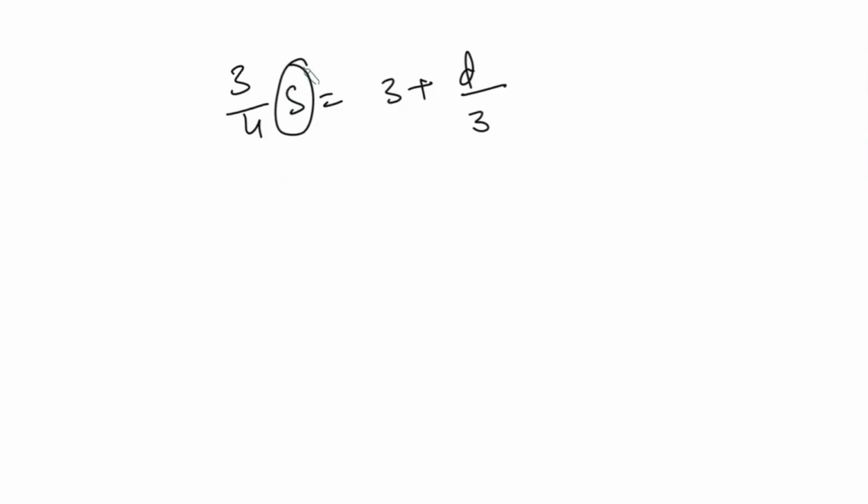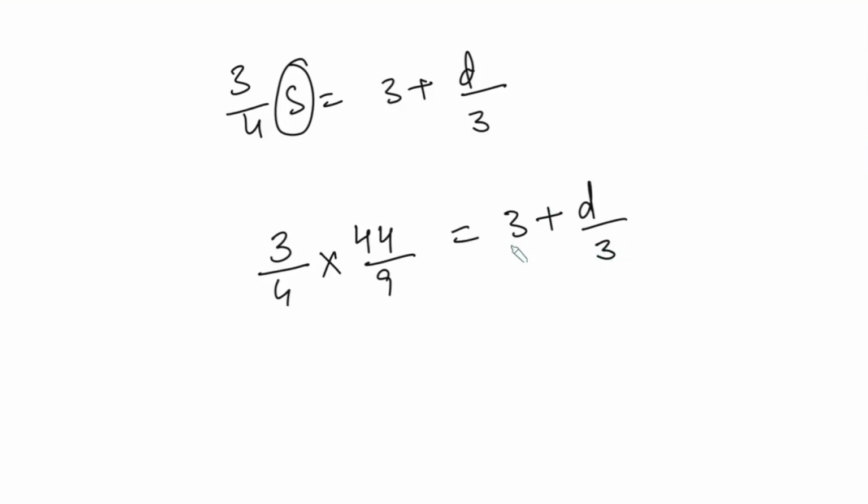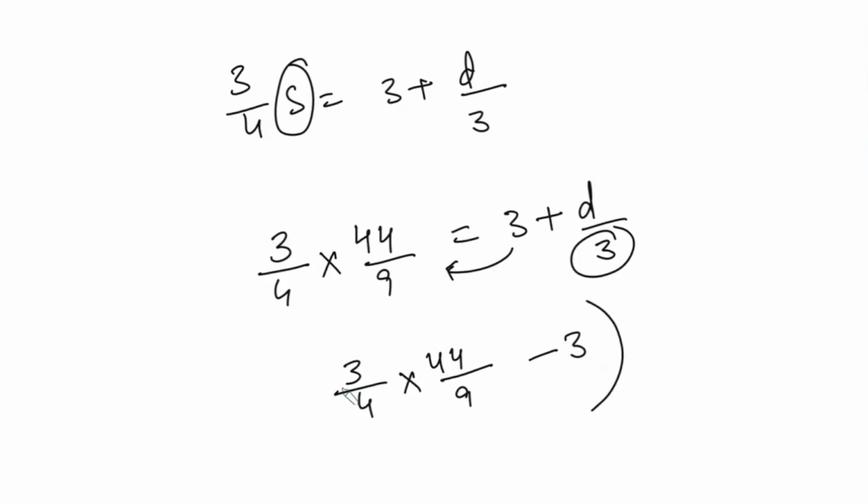We are given the value of the sum of the series. That sum of the series is 44 over 9. That is equal to 3 plus d over 3. We can take 3 on the other side and multiply both sides by 3 to get rid of this 3. So 3 over 4 times 44 over 9 minus 3 multiplied by 3 is equal to the value of d.